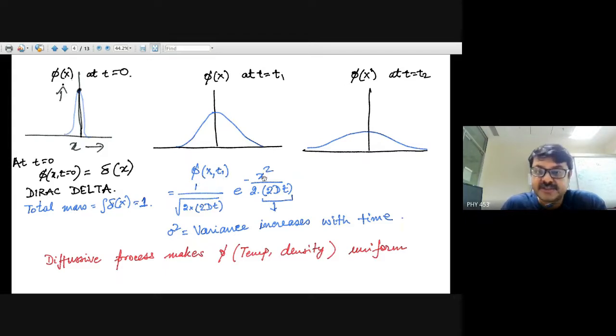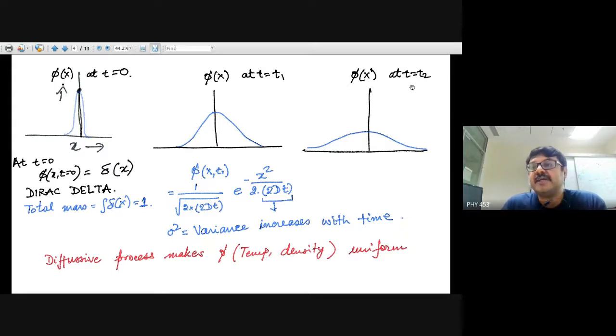So this is a Gaussian, but the variance is 2Dt in one dimension. So the variance itself is changing as a function of time. As time increases, the variance increases. So it's a Gaussian, what is it called, standard deviation. The spread changes.